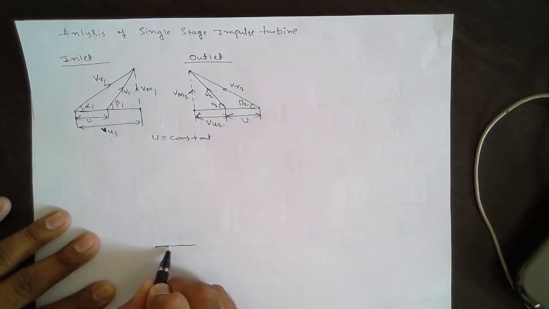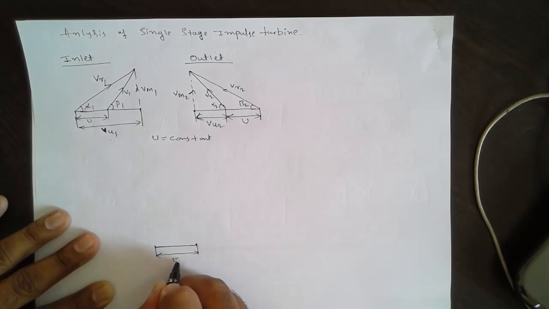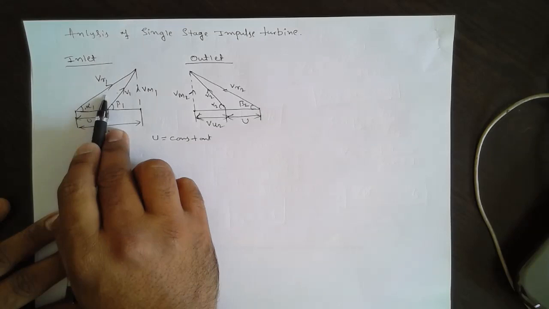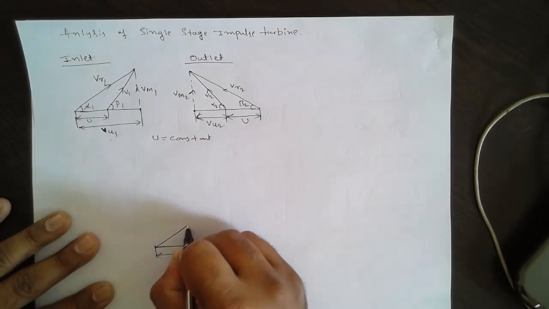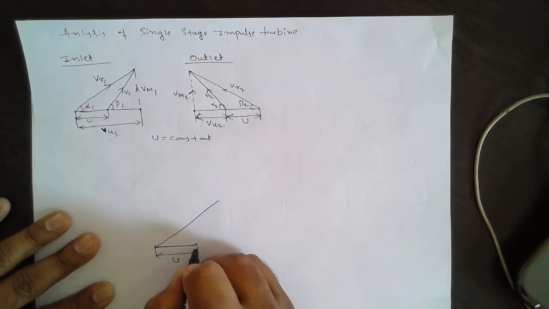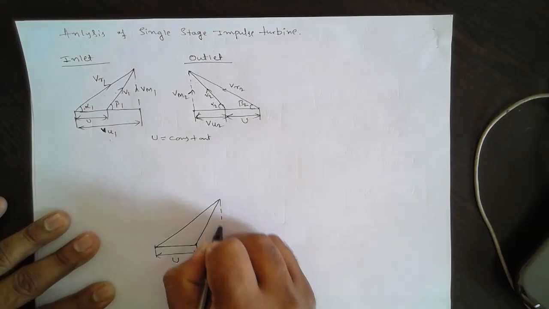This is the U value, and U1 is equal to U2 is equal to U, the tangential speed. There we consider the inlet velocity triangle. First draw the absolute velocity, then the relative velocity and the meridional component.